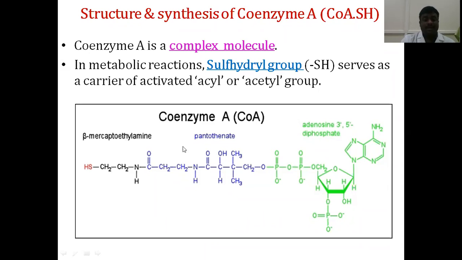Then this pantothenate combines with beta mercaptoethanolamine. Finally it contains a sulfhydryl group. This is the coenzyme structure, a complex molecule.